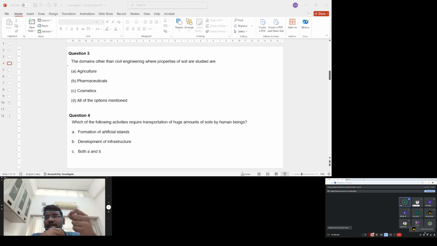Those are very fine particles which are highly active, so they have higher absorbing capacity. These are utilized to an extent in pharmaceuticals, and this is how the realm of soil mechanics has expanded over a period of time. And this is an option.